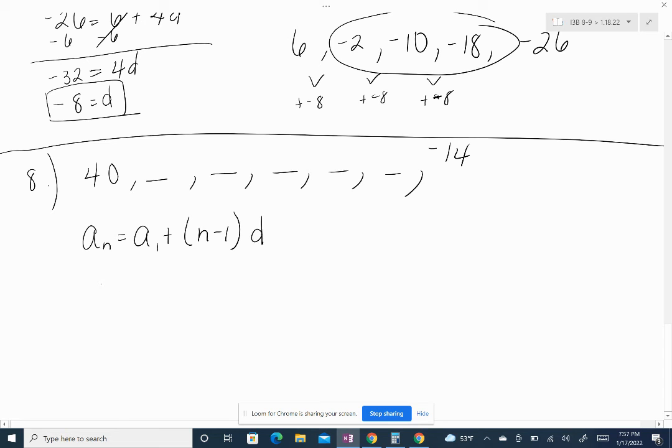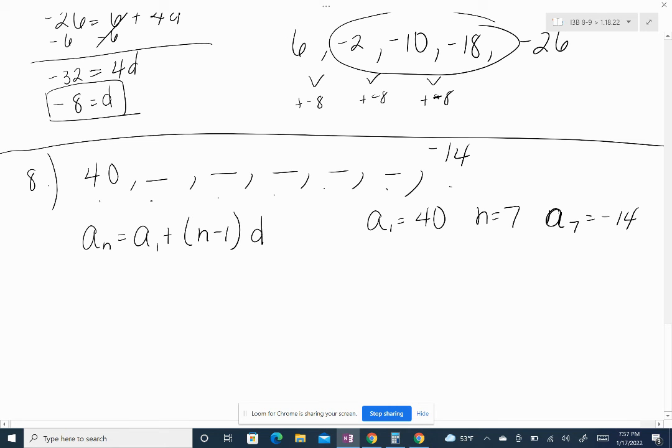Our first term is equal to 40. We have 7 terms right here, so n is equal to 7. And the number for our 7th term is going to be negative 14.